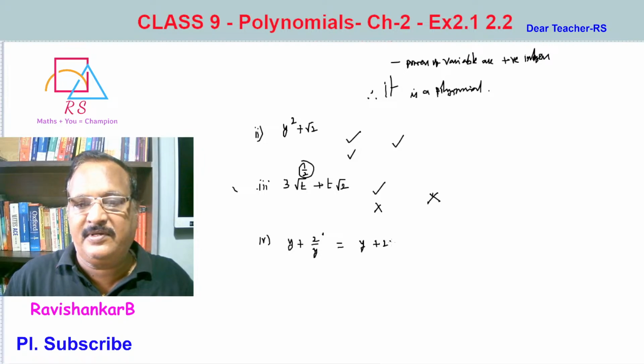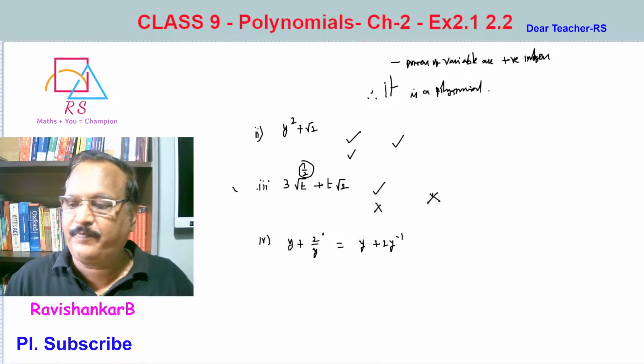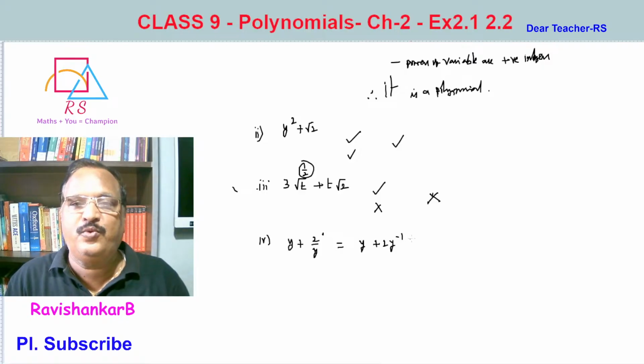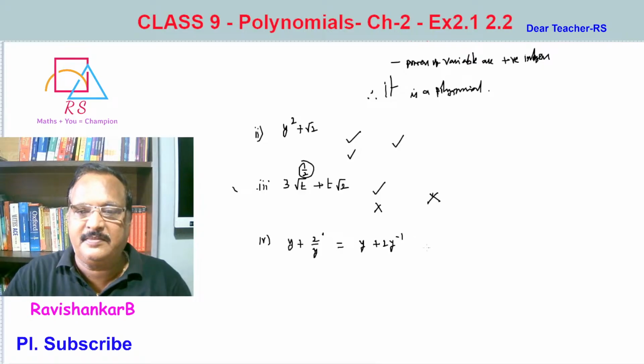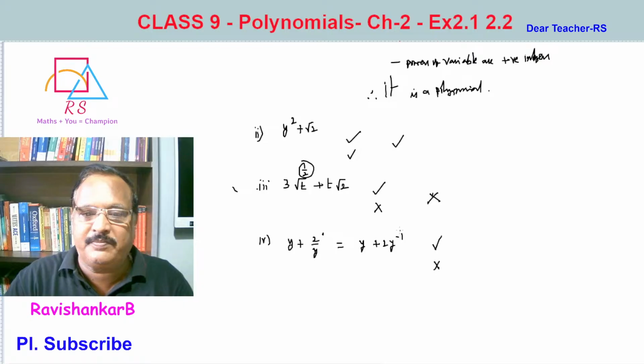It is equal to y plus 2y to the power minus 1, because 1 by a to the power of m is equal to a to the power of minus m. So it is one variable, but the power is a negative integer, therefore it is not a polynomial.